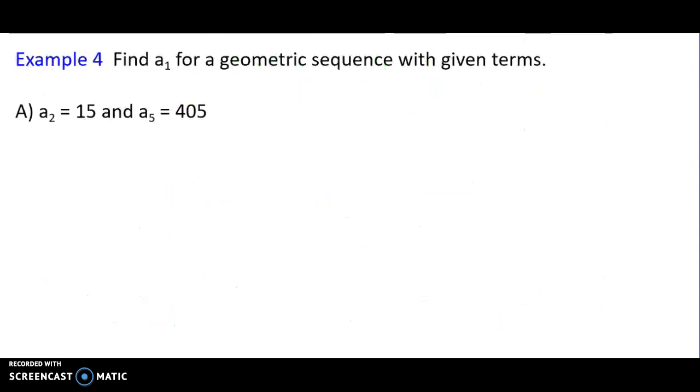In example 4, we are given A2, and we need to find A1. We also know that A5 is 405. So we don't know what A1 is. We know A2 is 15. We don't know what A3 or A4 are, but we know A5 is 405.